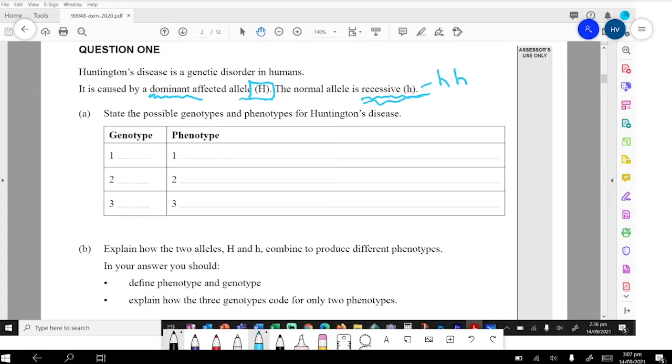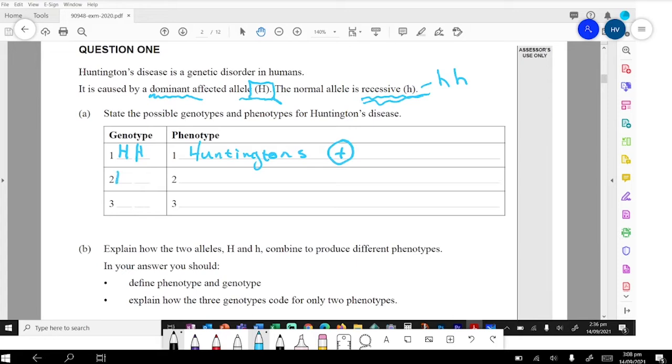Now remember, what you know about dominance is that if there is a dominant allele present, it will always be expressed. So we will have homozygous dominant, which will be Huntington's positive.